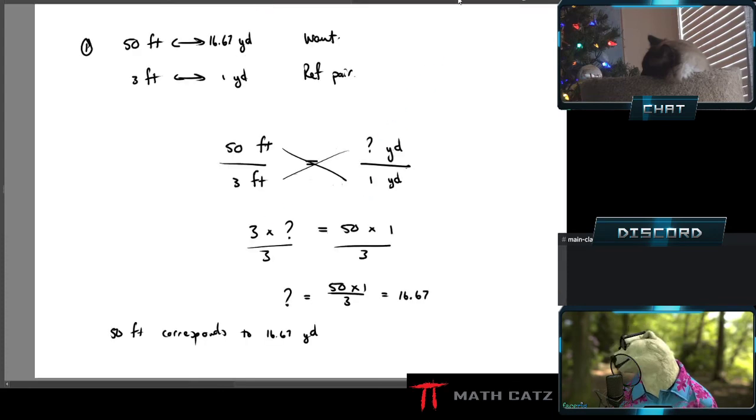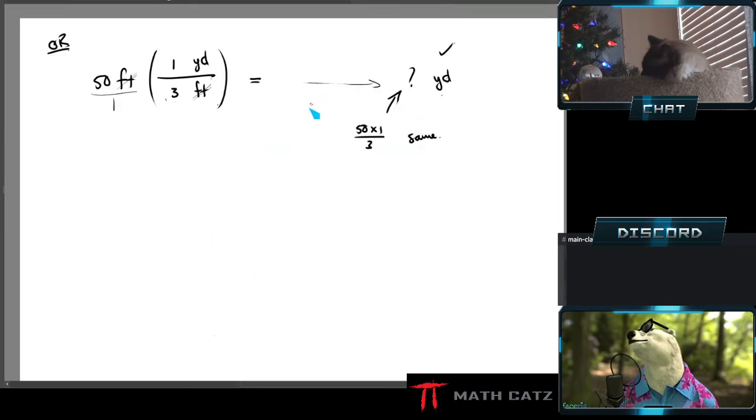It is exactly the same thing, but I didn't have to set up an equation, didn't have to go this long detailed route if I don't have to. It's simply a matter of multiplying by a fancy 1. Write it fancy. Because 1 yard and 3 feet, they're the same length. So they sort of cancel each other. But this allows me to convert the unit.